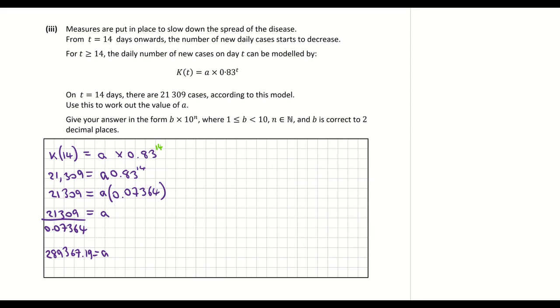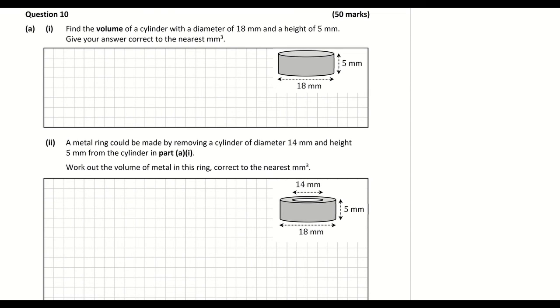So I'm starting here and I'm going back to b being between 1 and 10. So I need to go back 1, 2, 3, 4, 5 decimals. So that's going to be 2.89 because it wants it to 2 decimal points, multiplied by 10 to the power of 5. And that's your answer to question 9 finished.